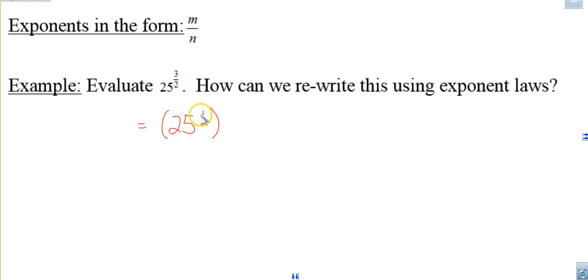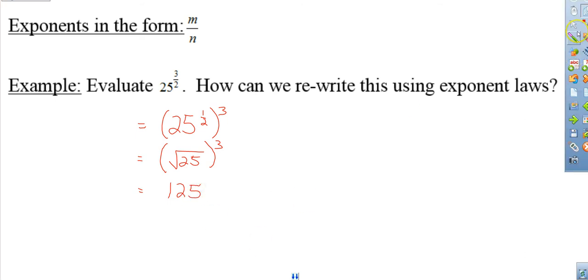Now this we'd be able to figure out using our previous knowledge, but then how can I make that exponent equal to 3 over 2? Think about the power law in reverse. If I want to turn 1 over 2 into 3 over 2, I would have to multiply it by 3, so that means we're going to have an exponent of 3 on the outside. Now at this point, I know that 25 to the power of a half means the square root of 25, and then cubed. So the square root of 25 is 5, and 5 to the power of 3 is 125.